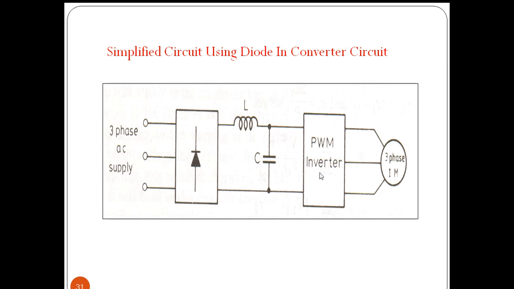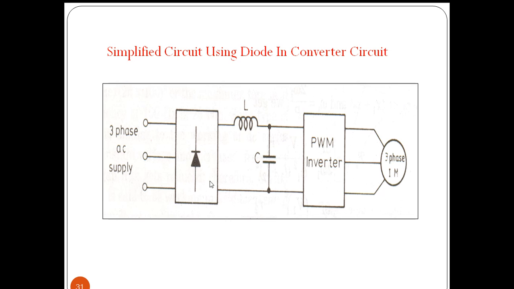This circuit consists of a converter inverter assembly, and in this converter assembly we are using a diode rectifier, and this diode rectifier will convert the AC supply to DC, but we do not have any control in the operation of this conversion process of AC into DC.